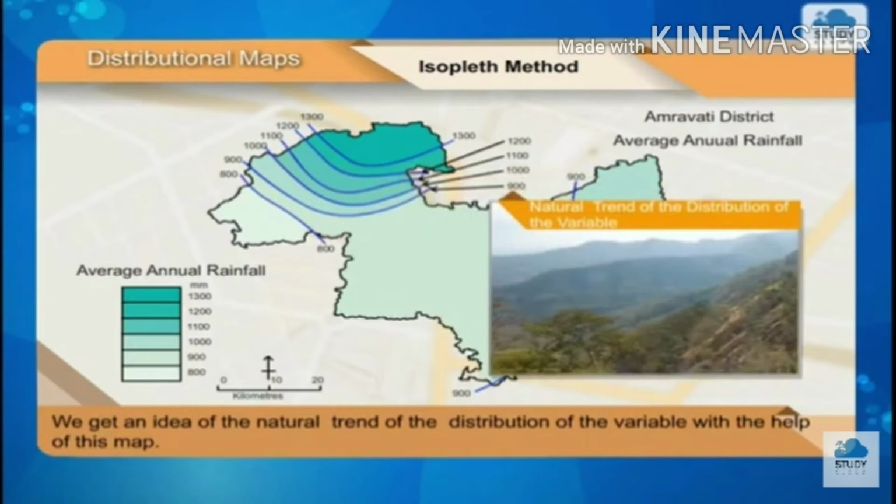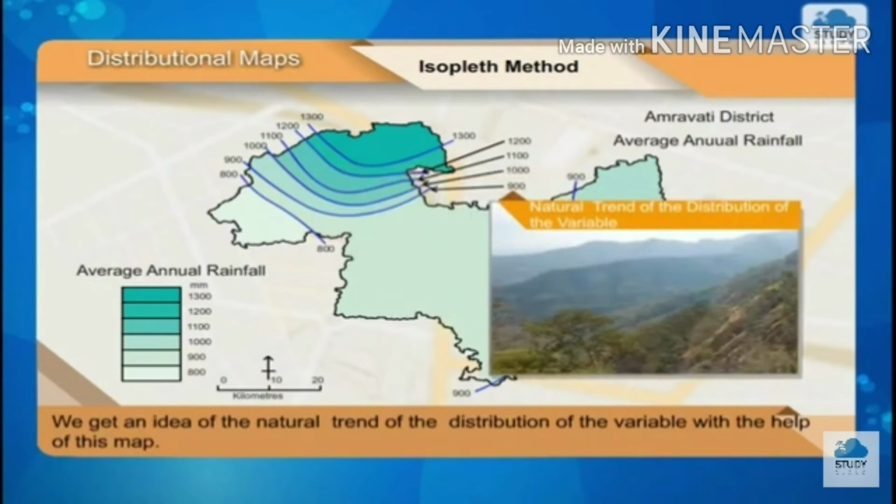In the following map, we note the following points. We see the highest rainfall is 1300 millimeters, which is to the north. From north to south, the rainfall goes on decreasing.